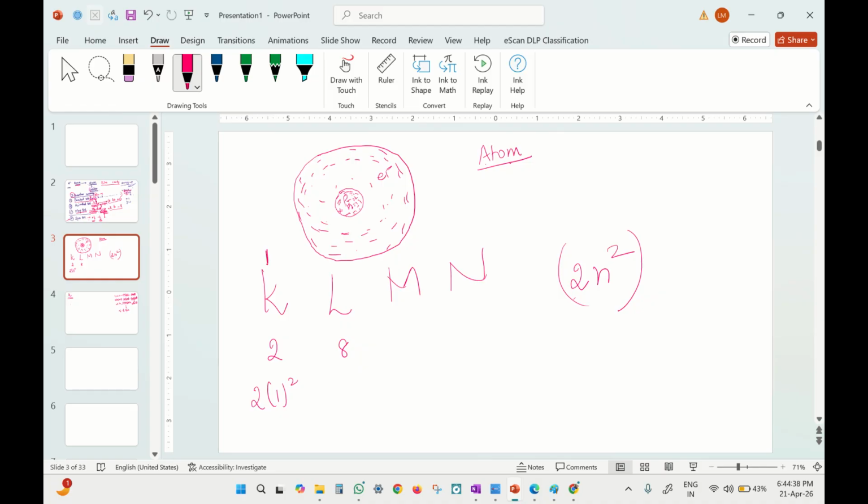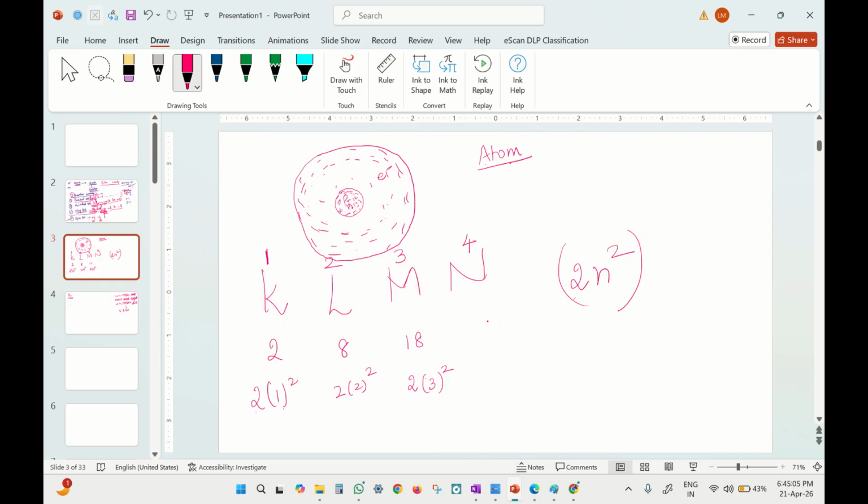K is the first shell, L is the second shell, M is the third, N is the fourth. So can we say 2 times 1 square is 2? 2 times 2 square is 8. How many electrons in the third shell? 2 times 3 square, 18.